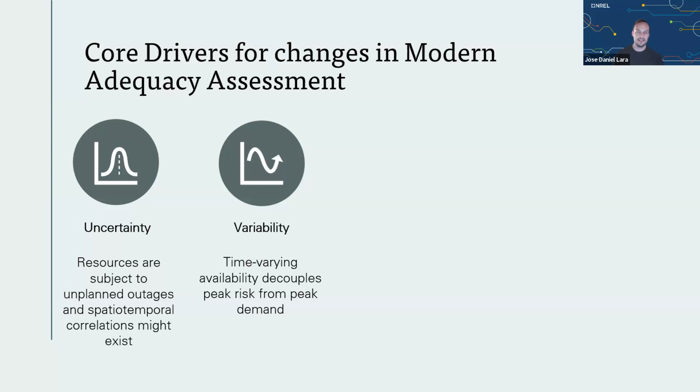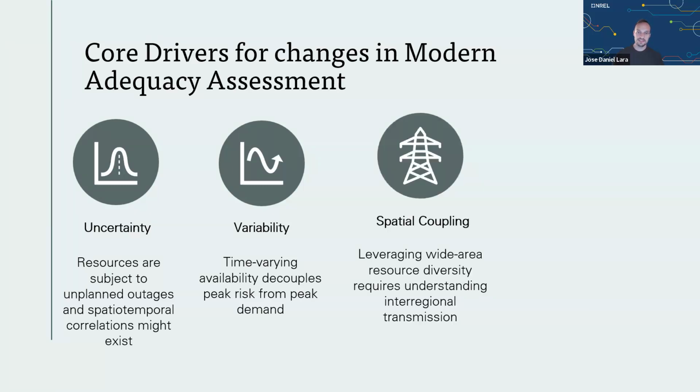The next change is that since the 70s and the 80s, power systems have increased in size and widened in area, so now we have more correlation between the different components in the system. So outages that happen in relatively far away geographical locations can have an impact on a local system.